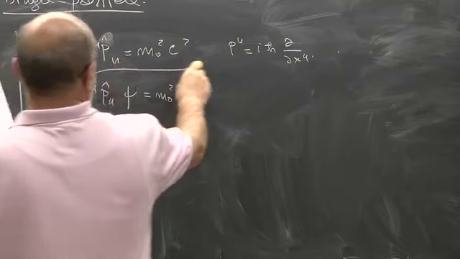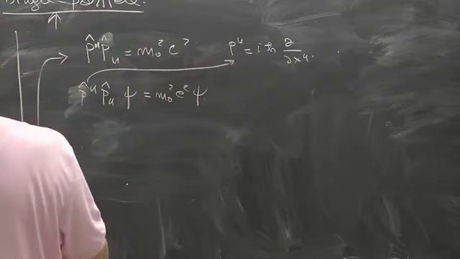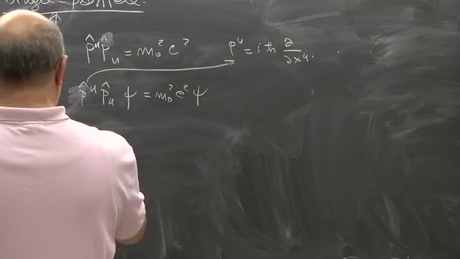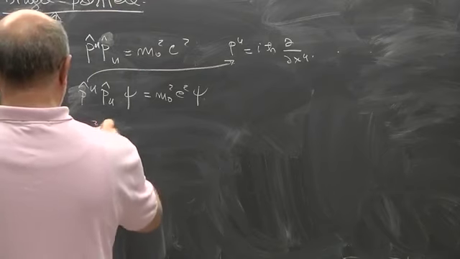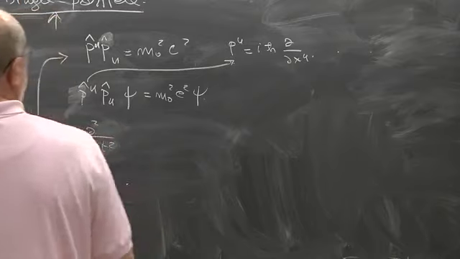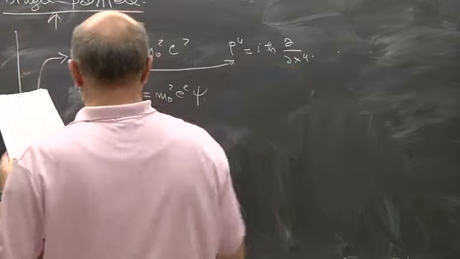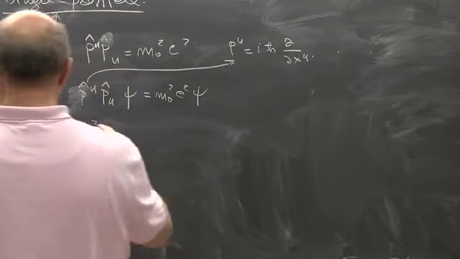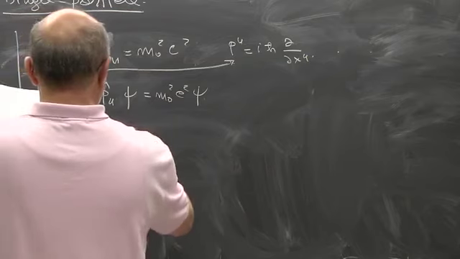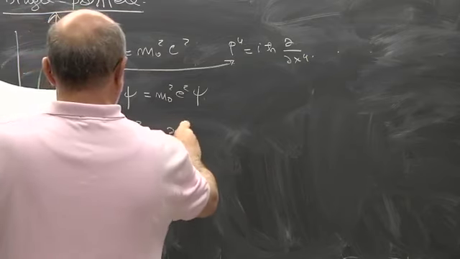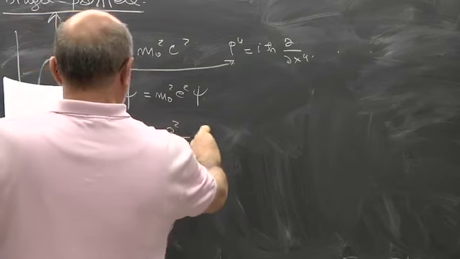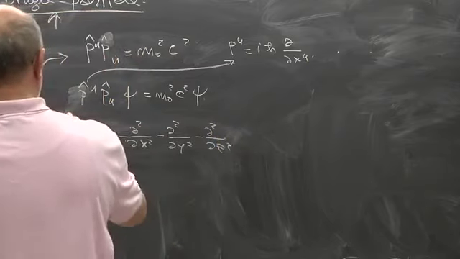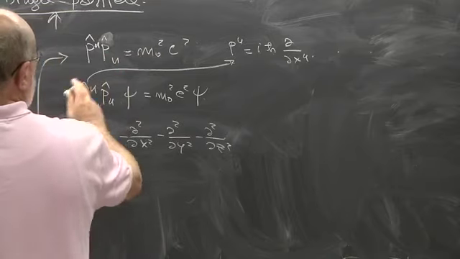But now let's insert this expression, and what we get is the following. 1 over c squared, the second derivative with respect to t squared, because here there is a c, okay, so it's c. There is a second derivative with respect to t, then minus d dx squared minus d dy squared minus d dz squared. This is this part.